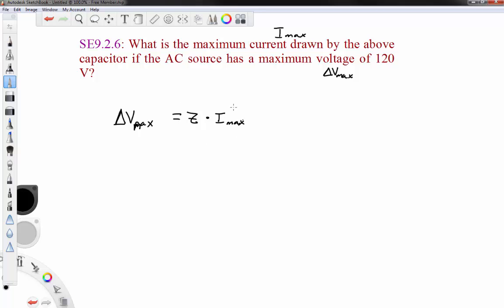So to figure out the maximum current, we divide the maximum voltage by the impedance: I max equals delta V max over Z. So that's 120 volts divided by 10,600 ohms, which gives a total current of about 11.3 milliamps.